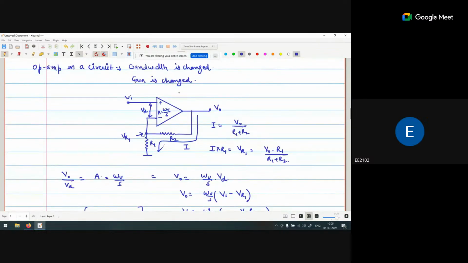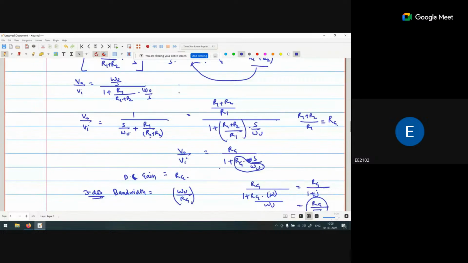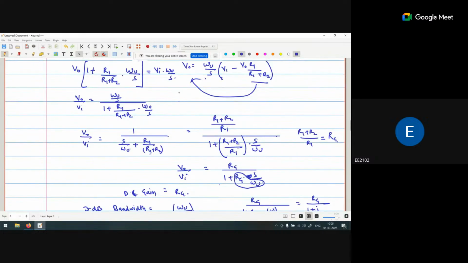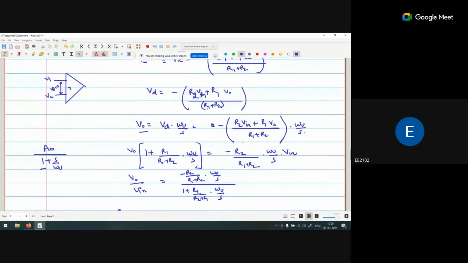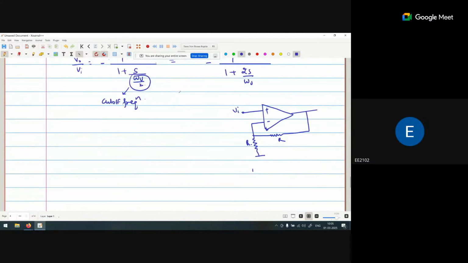In this scenario, the DC gain is Rg, and Rg is R1 plus R2 by R1. That becomes R plus R upon R, so 2R by R, that is 2.